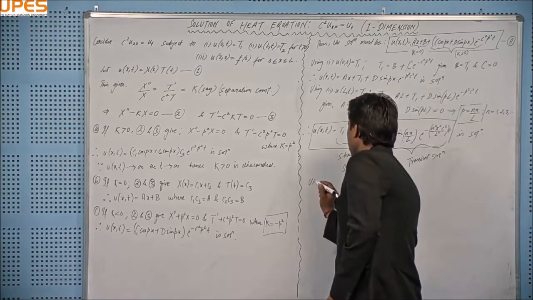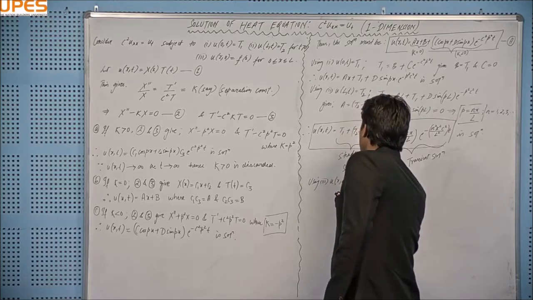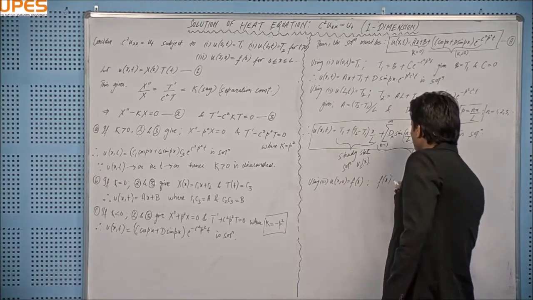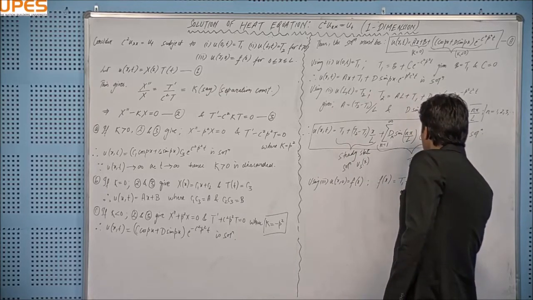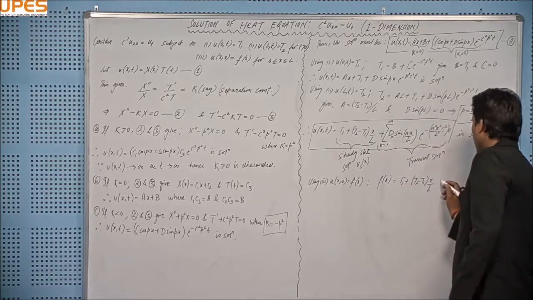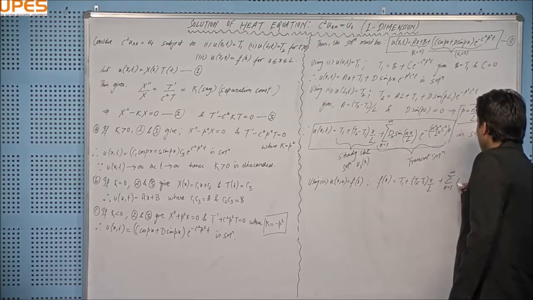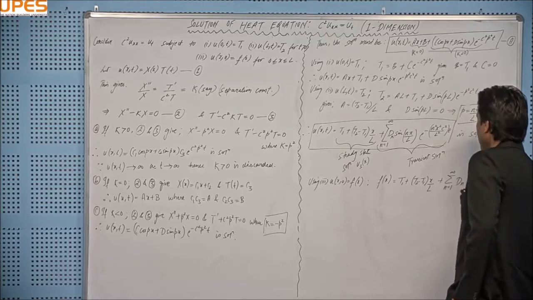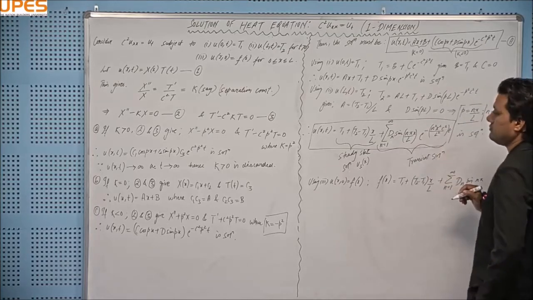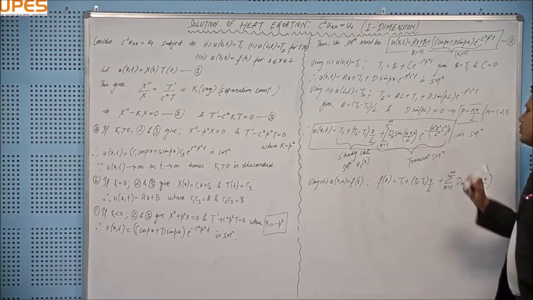Using the third condition, that is u(x,0) equal to f(x), that will give me f(x) equal to T1 plus (T2 minus T1) x over capital L, and putting t equal to 0 here will give me summation n equal to 1 to infinity d_n sine n pi. I think I have missed a small x here, right? Fine. Okay, n pi x over L, and this exponential will be 1, right?